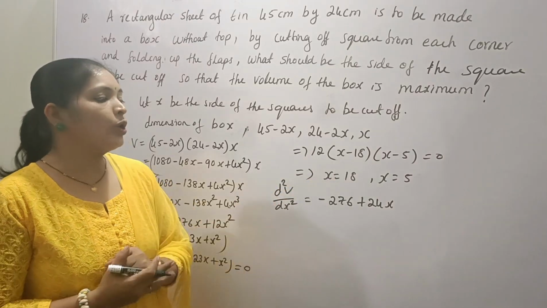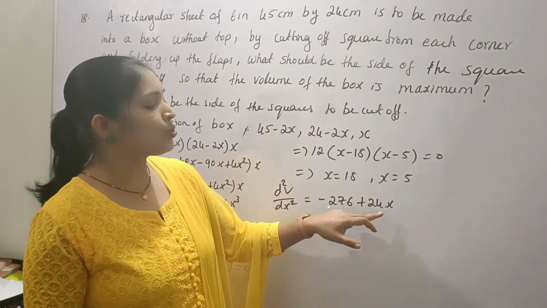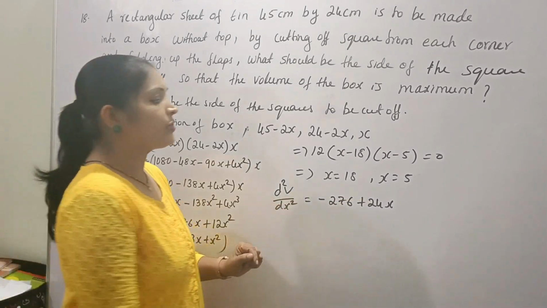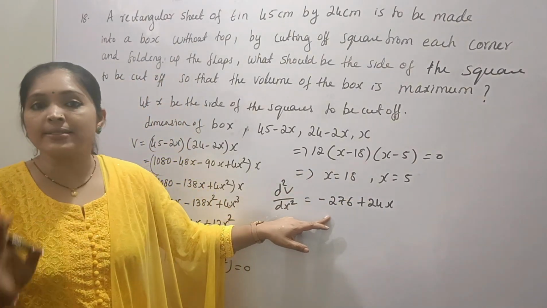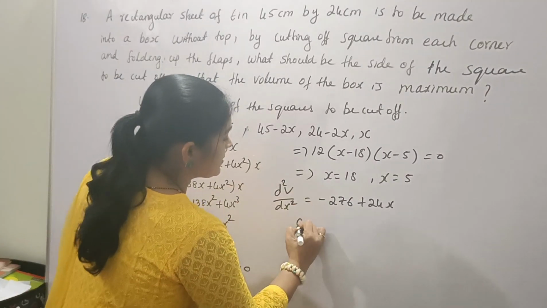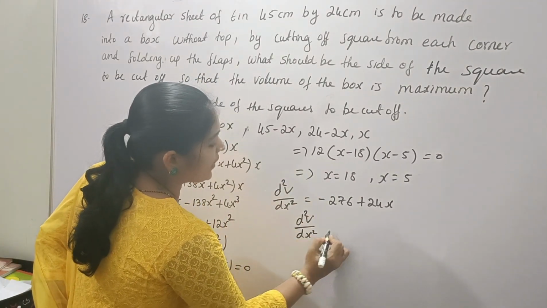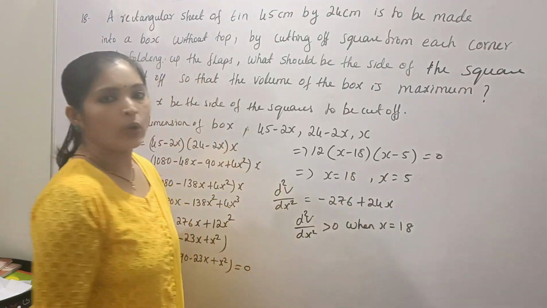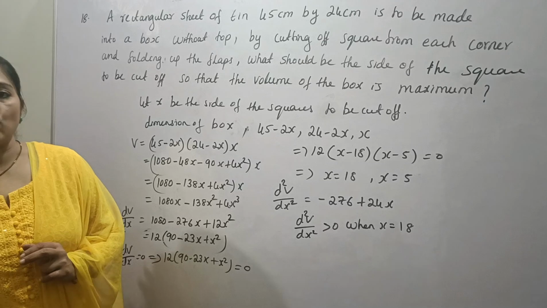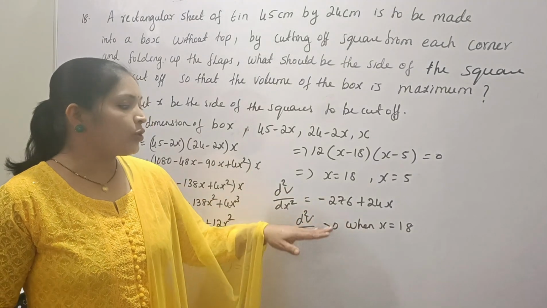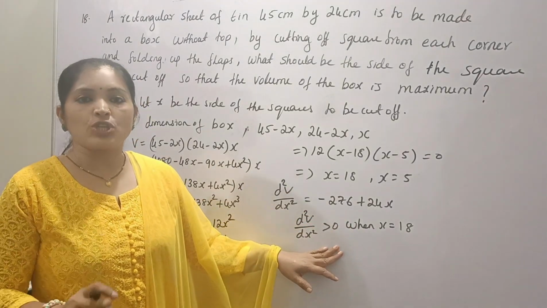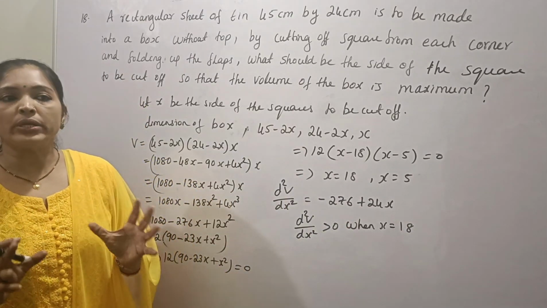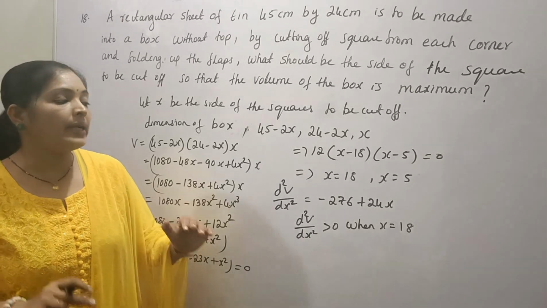When x is equal to 18, 24 into 18 should be greater than 276, so it will be greater than 0. d square v by dx square is greater than 0 when x is equal to 18, but we should get less than 0. When it is greater than 0, this function is minimum at x is equal to 18.